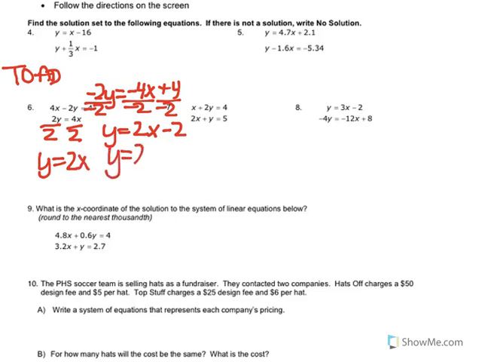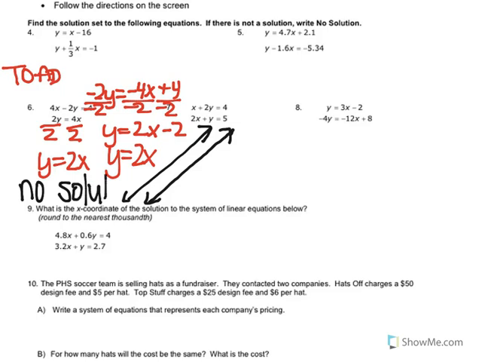Now, if you were to plug those two equations in your calculator, I think what you would see is two lines that look like this. And what kind of lines would those be? Parallel. So we have no solution for this system of equations, because why? The lines are parallel.